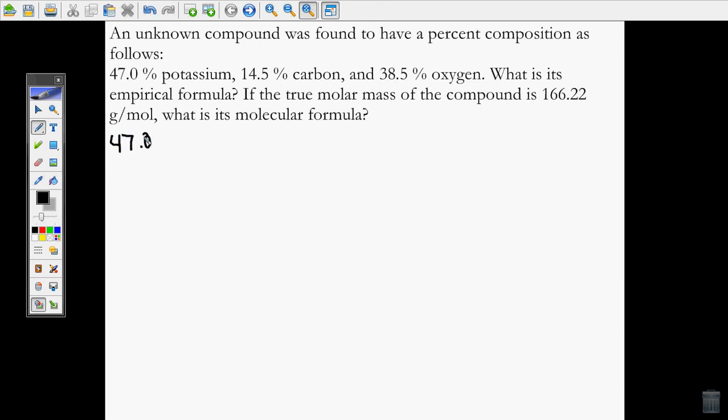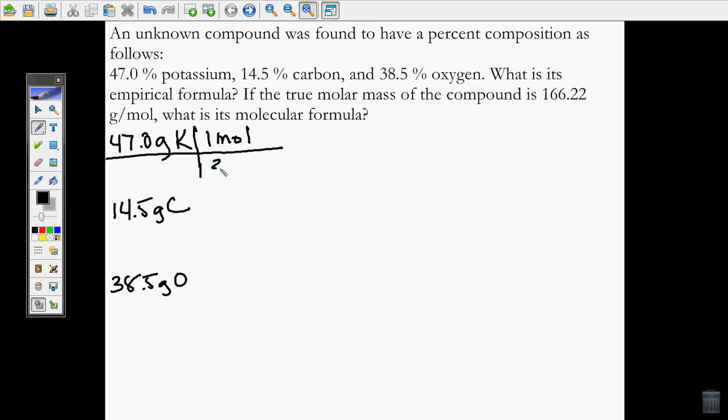So that means I have 47 grams of potassium and 14.5 grams of carbon and 38.5 grams of oxygen. So then I'm going to convert each one of these to moles.